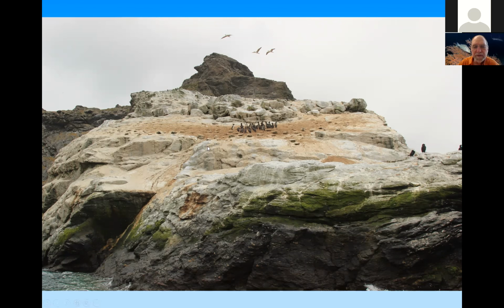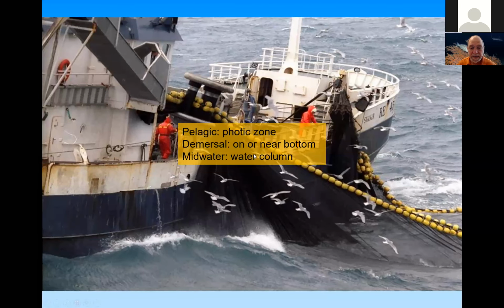They're one of the most abundant fish on the planet, but to date there's really not a fishery for myctophids, although with the failure of some other fish stocks, there's begun to be some exploration or some consideration for trying to catch midwater fish. But primarily fisheries focus on either pelagic fish or demersal fish.